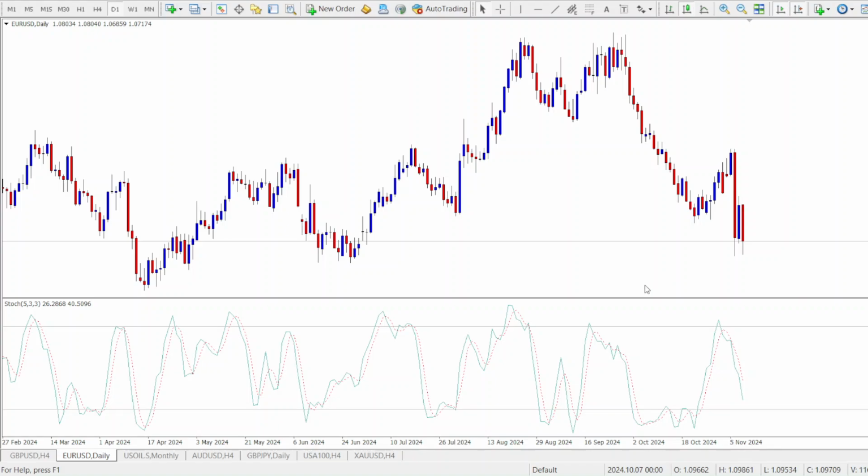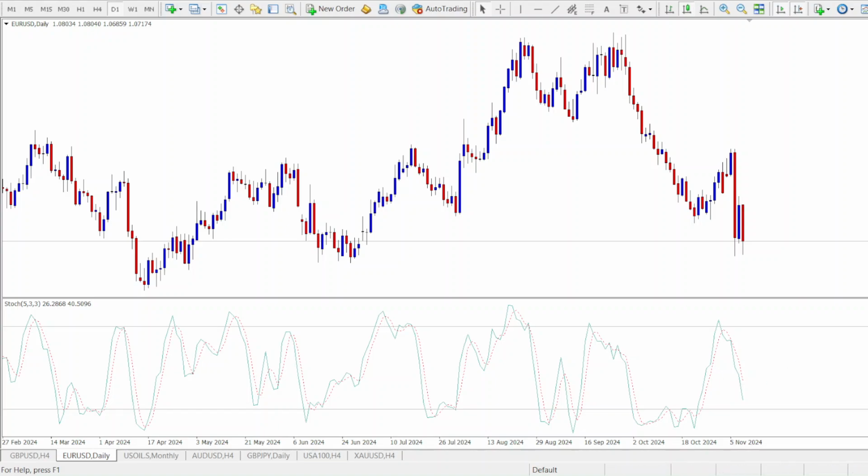The stochastic oscillator is a momentum indicator that compares the closing price of an asset to its price range over a specific period. It is used to identify potential overbought or oversold conditions in the market, helping traders spot potential reversals or trends.